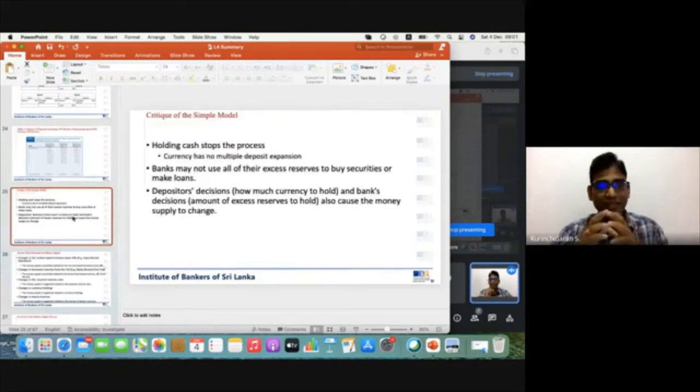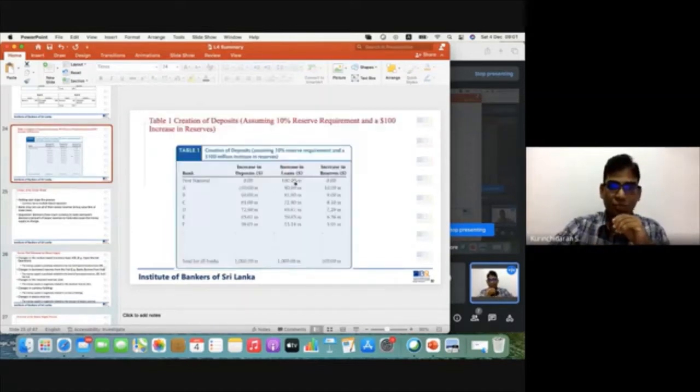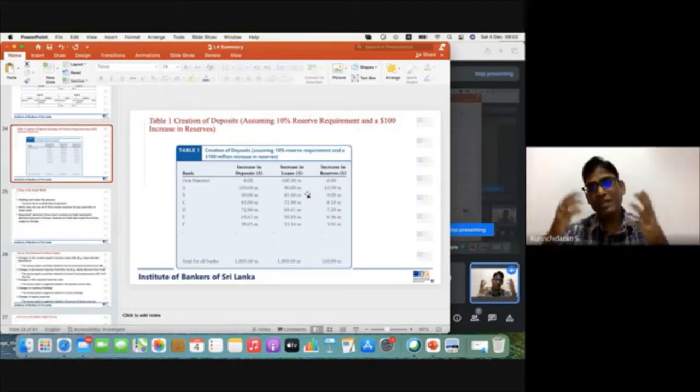The problem here is, in this simple model you see in this table, I'm assuming that when you disburse 100 million, it comes to the bank again. But sometimes you withdraw money and keep it with you.